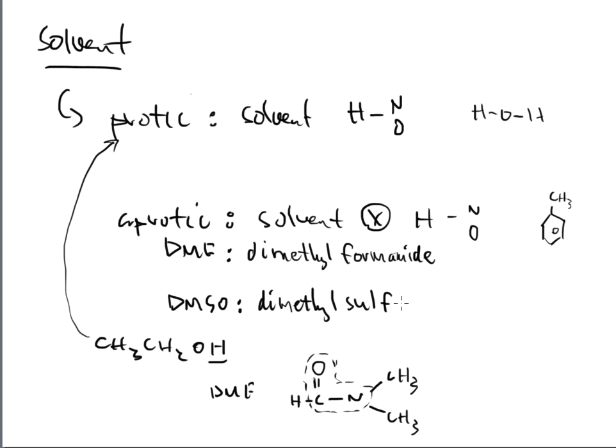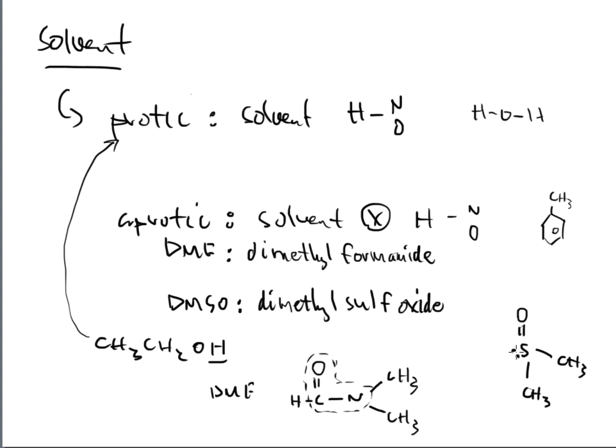And then the O stands for oxide. So dimethyl sulfoxide is an S double bonded to an O, dimethyl, CH3 and CH3.